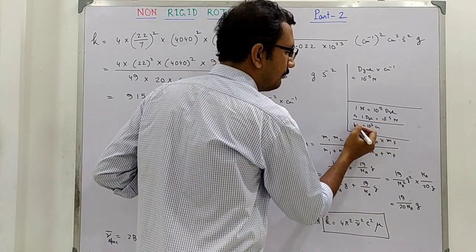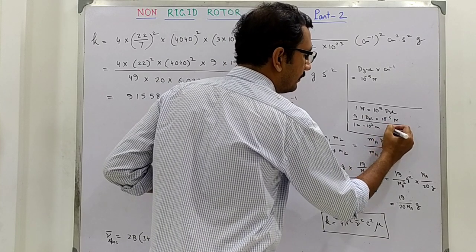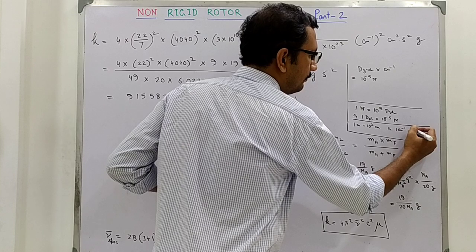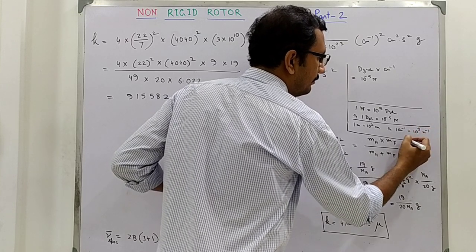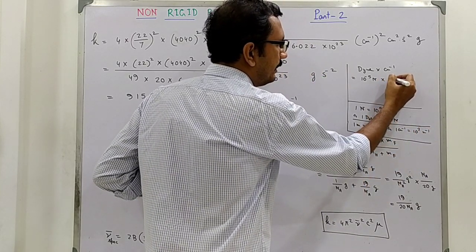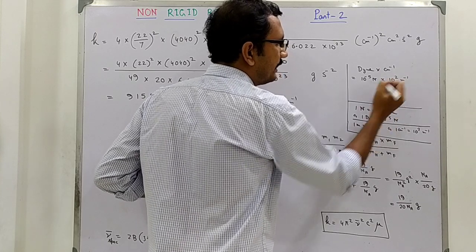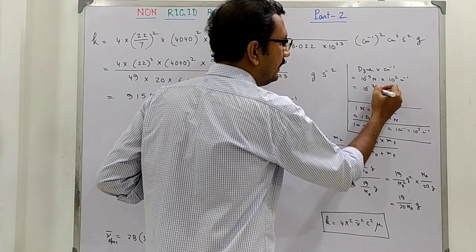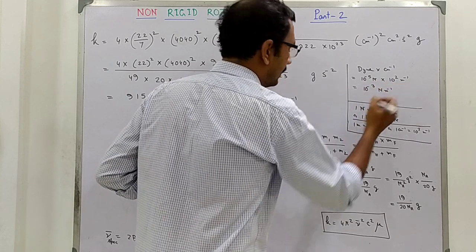We take this centimeter to the left hand side and meter to the right hand side. So it will be 1 centimeter inverse equals 10 to the power 2 meter inverse. So we put here 10 to the power 2 meter inverse. So what will it give us? It will give us 10 to the minus 3 Newton meter.